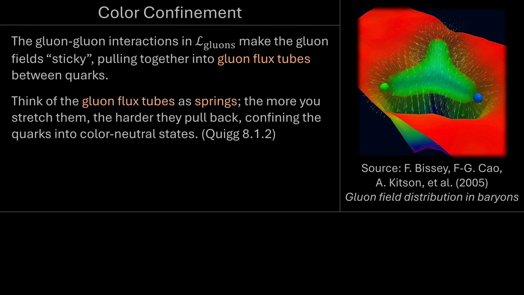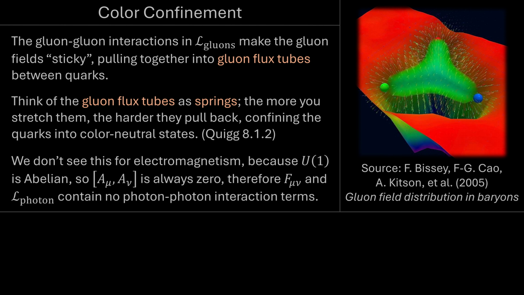And by the way, it's worth pointing out that we don't see this effect for electromagnetism because the U1 symmetry group that electromagnetism is based on is an abelian group. And so the commutator of A mu and A nu is always 0.